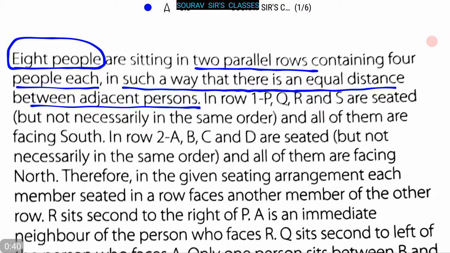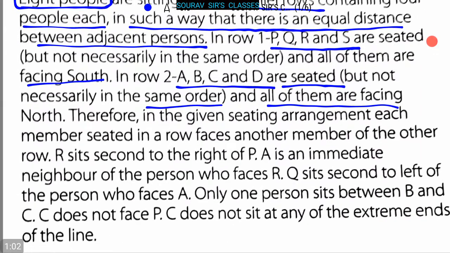In row 1, P, Q, R and S are seated but not necessarily in the same order, and all of them are facing south. In row 2, A, B, C and D are seated but not necessarily in the same order, and all of them are facing north.